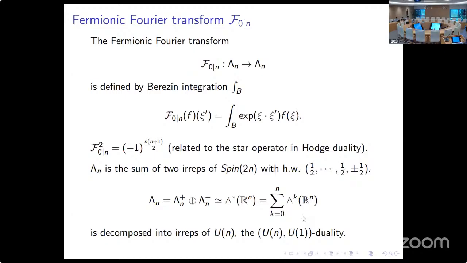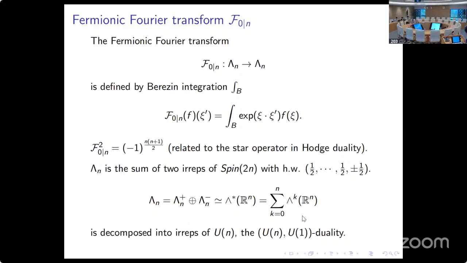That's called the Berezin integral. It's not really an integral, but it's a kind of operation very similar on this finite dimensional space. And the Fourier operator is defined in a similar way. Its square is up to a scalar, and it's related to the star operation on the exterior algebra. It's called Hodge duality.